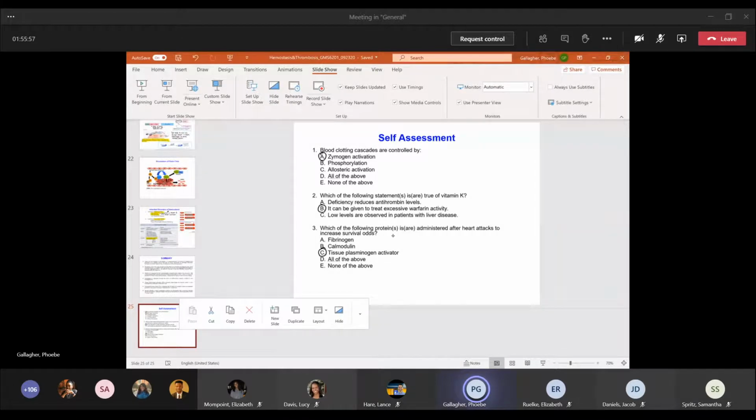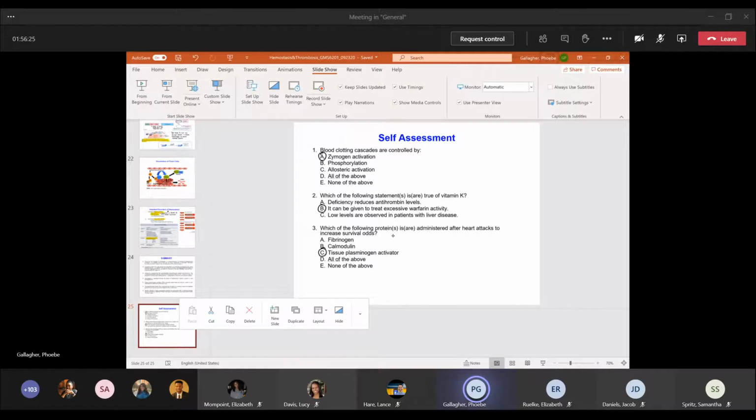For number 2, which of the following statements is true of vitamin K? Remember that vitamin K is going to allow for the formation of the gamma-carboxyglutamate. Obviously, it's not going to reduce antithrombin levels because those two things aren't related. And low levels observed in patients with liver disease is not even relevant to what we're talking about.